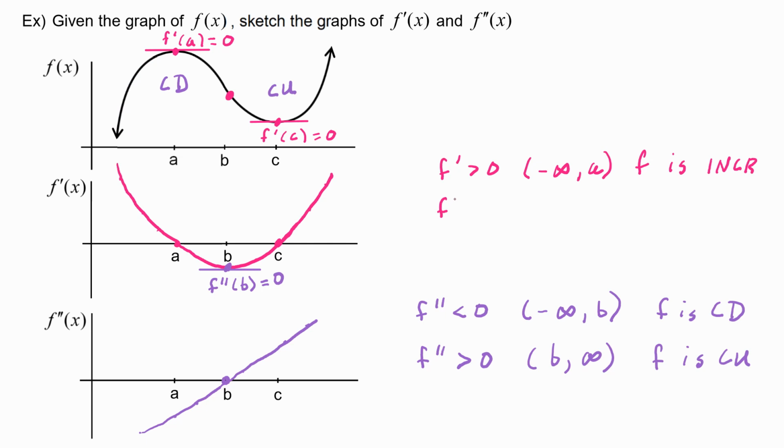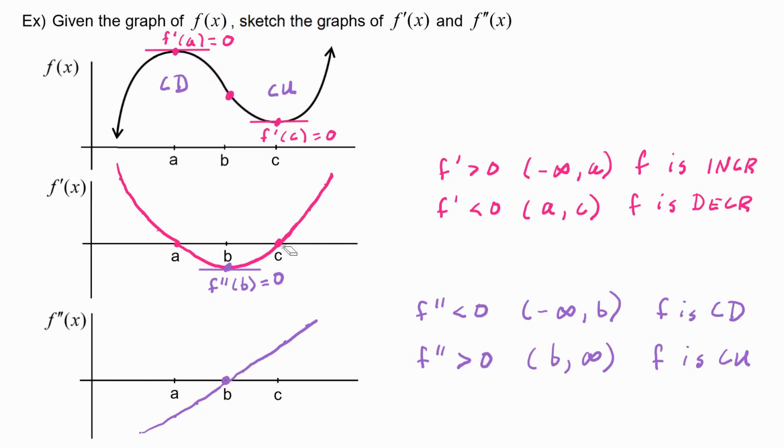Then f prime is negative from a until c. All the values of f prime are negative on the interval from a to c, which means f is decreasing. Now, if we look at the graph of f from x equals a until x equals c, the graph is decreasing. So that also makes sense.